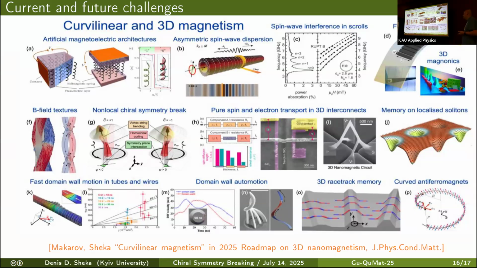Curvilinear magnetism has already found a lot of applications. There is now very impressive progress in shapeable magnetic electronics, curvilinear spintronics, curvilinear skyrmionics, curvilinear magnonics. And this year the first papers appeared about curvilinear effects in altermagnets.